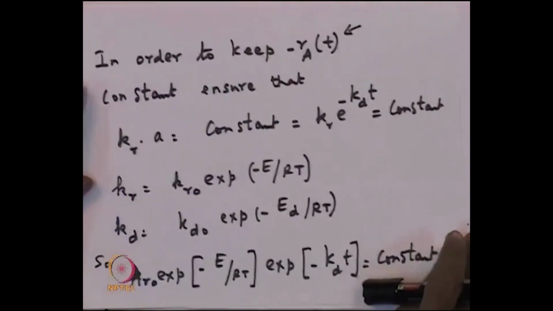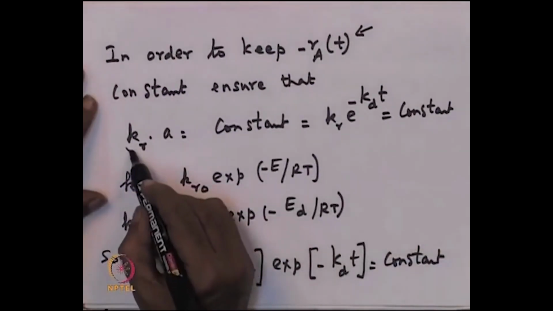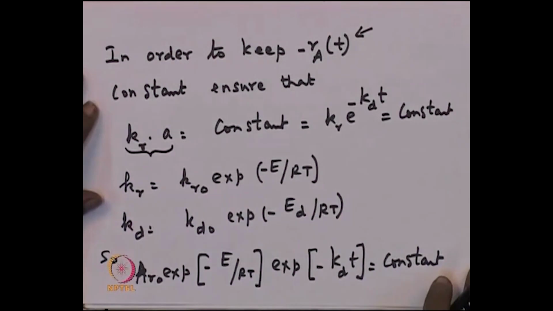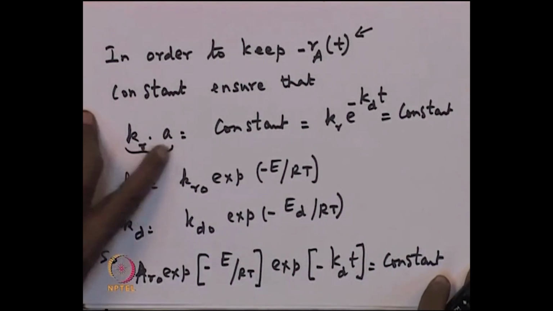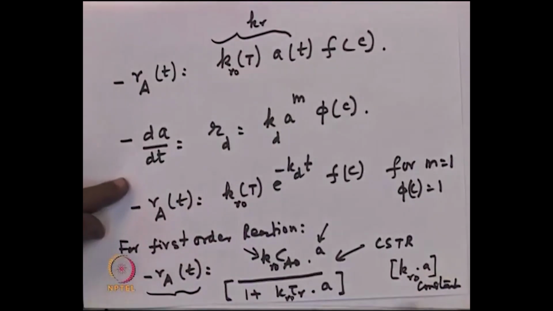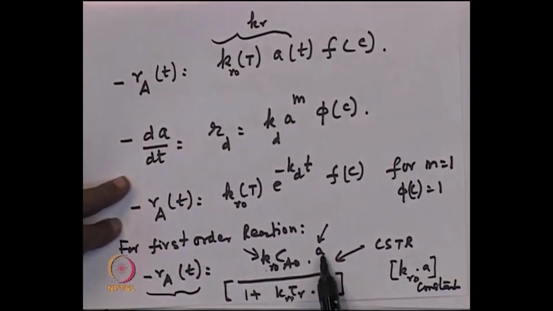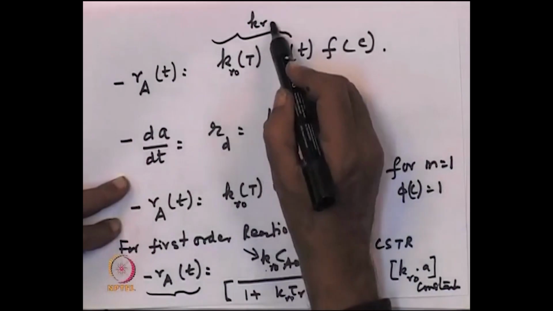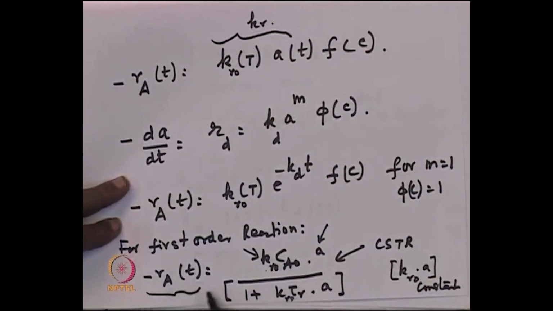So, in order to be able to annul the effect of decrease in activity, what is being suggested is that if you can keep this Kr0 times A constant, then very clearly, the right hand side does not change, and therefore the left hand side does not change, therefore our productions will be as per design.